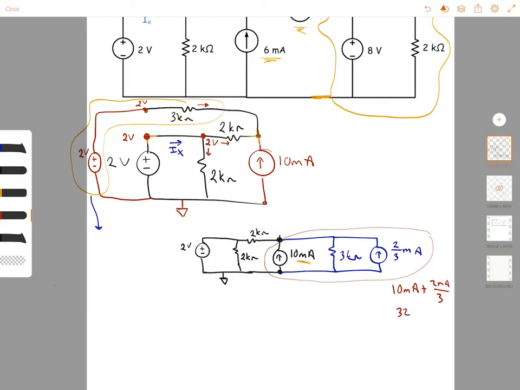That makes 32/3 milliamps. And I still have a 3 kilo ohm parallel resistor connected between those 2 points.